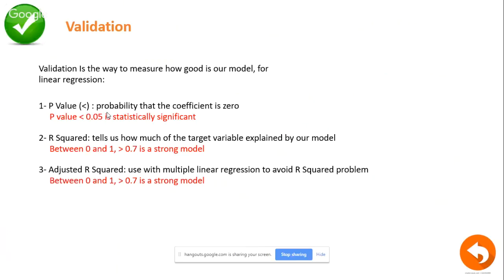The third value is adjusted R squared. When we add more variables, R squared goes higher even if there is no relationship between the additional variables and the target variable. Adjusted R squared solves this problem, and we should use it when we have multiple linear regression.